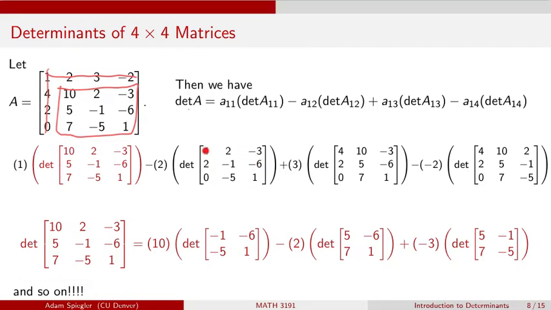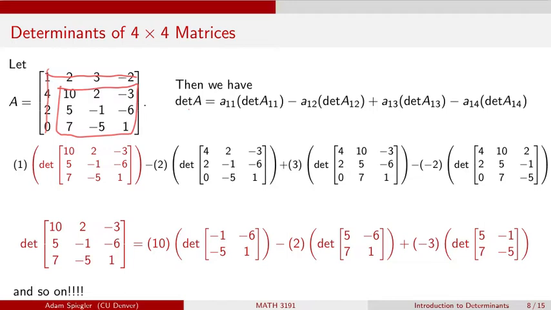So for this one over here, we're going to have 3 more 2 by 2 matrices. And for this one, 3 more 2 by 2 submatrices that we're going to need to take the determinant of, and so on over here. So the arithmetic can get extremely burdensome. And that's why we'll see how we can do this with technology using Python shortly.